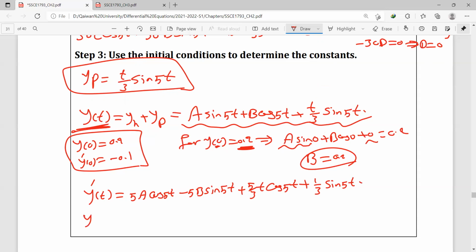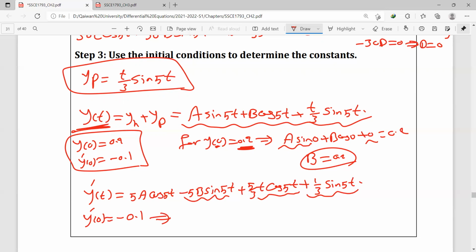Here we say y prime of 0 equals minus 0.1. That means we replace t by 0 and set this equal to minus 0.1. If you replace t by 0, this term becomes 0 because we have sine, and this also becomes 0 because we have t times the cosine function.